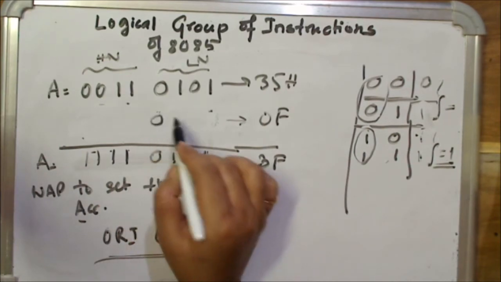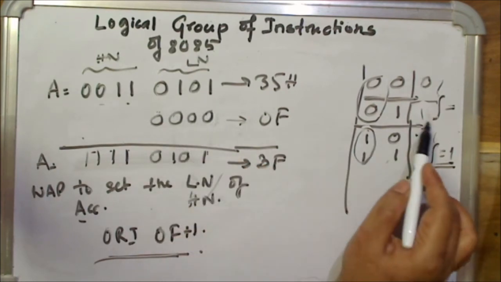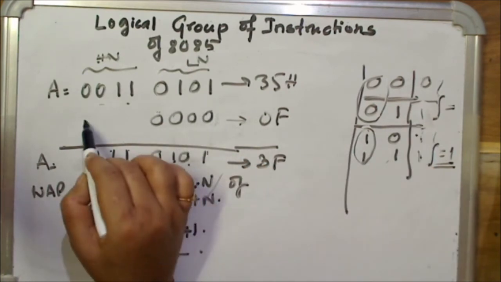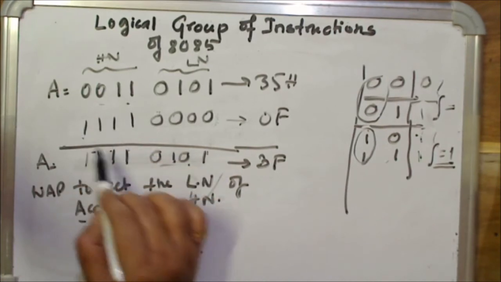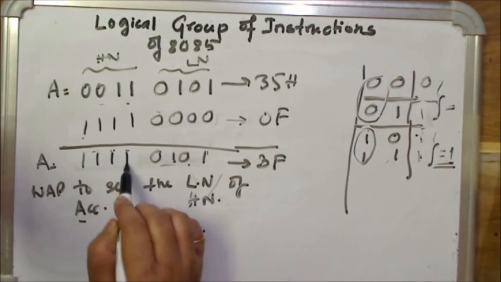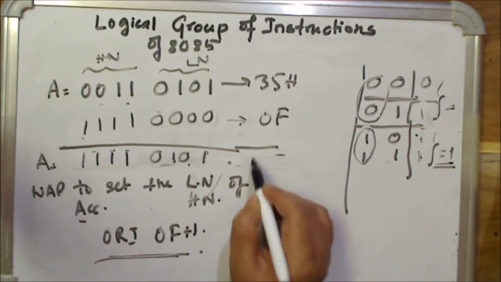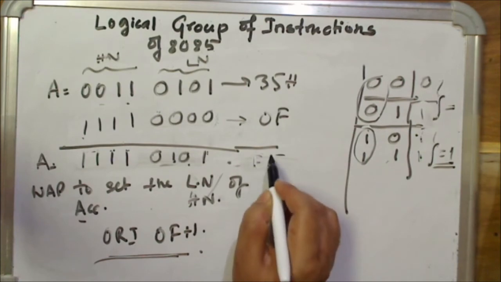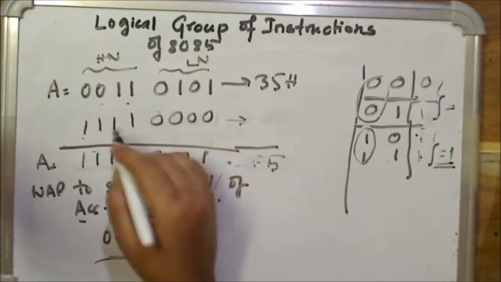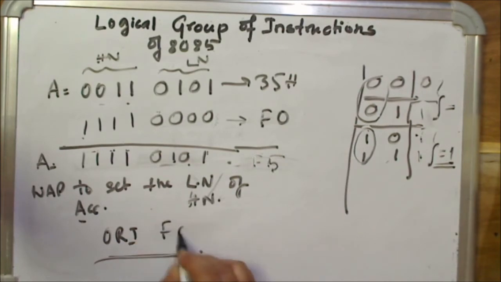So I would OR the lower nibble with 0, and the higher nibble with 1. So it will become F5, and this is F0, that is ORI F0H.